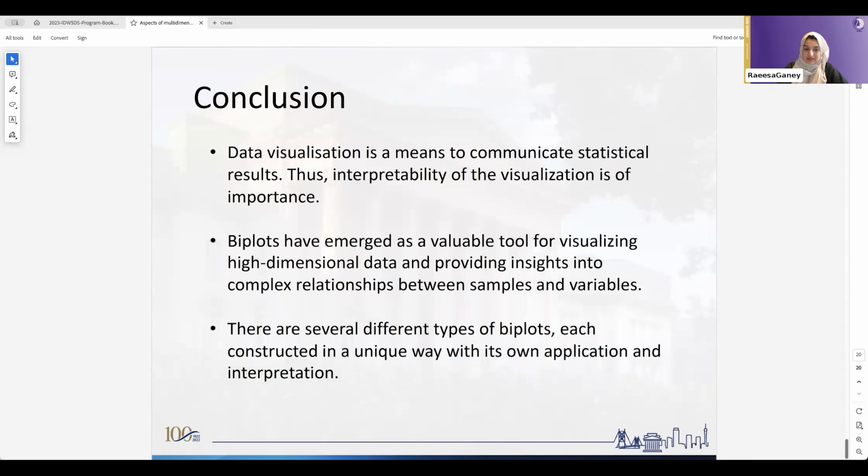So I suppose that's a limitation to some of the basic types of biplots. But then, as I said, there are many other biplots that cater for the non-linearity of the data.